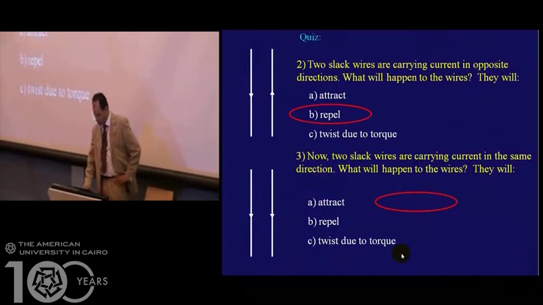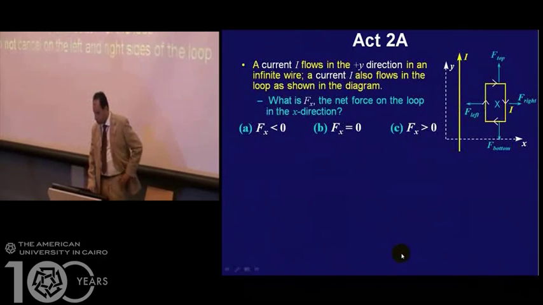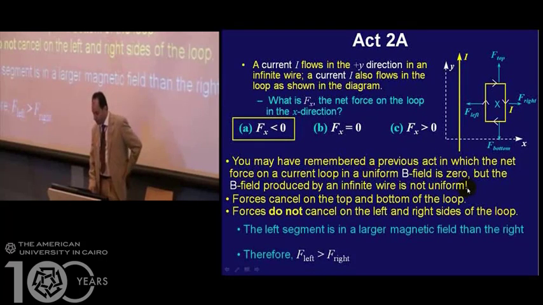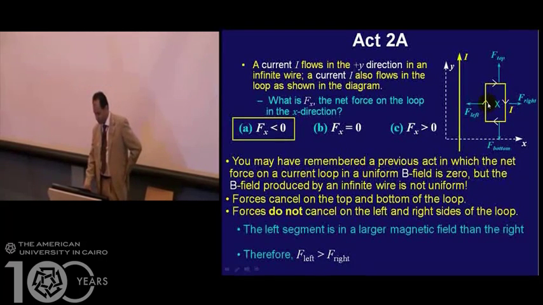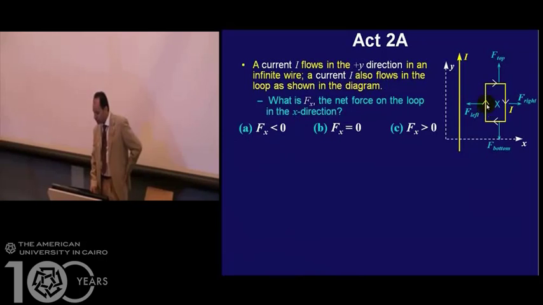Now, let me finish. The force here, that wire is closer to the main wire. So it will be affected by a force equal to mu0 I times the length of that wire divided by 2 pi times that distance.